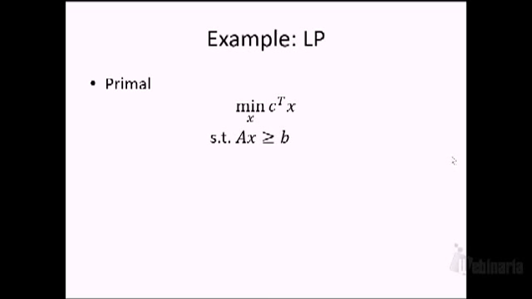So, let's apply these concepts on some examples, and we will start with linear programs. We have already seen in class how to find the dual LP for a given LP, and we have seen how this dual LP lower bounds the solution of the primal LP.